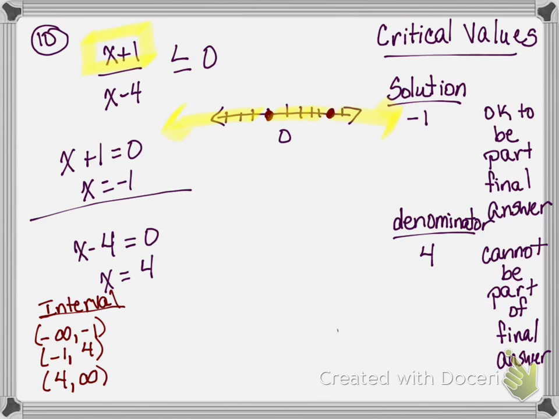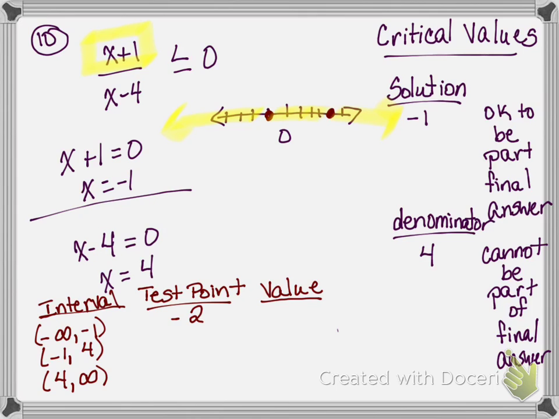So after I have determined my intervals, I am going to do a test point. And you can pick any point as long as it's inside that interval. I'm going to pick -2 just because that's a pretty easy point to use, and it's within that interval of -∞ to -1.